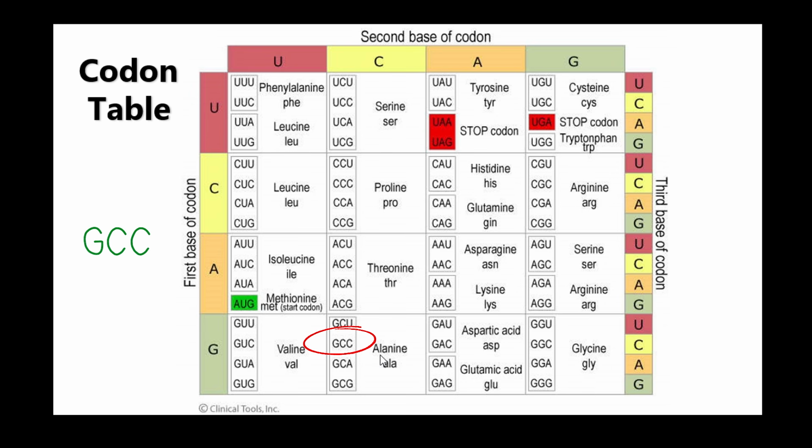How about CUU? If you answered leucine, that is also correct. So, C-U-U. Leucine. So, now that you have been able to understand how to read a codon table or a codon chart, we can now use it for our example.